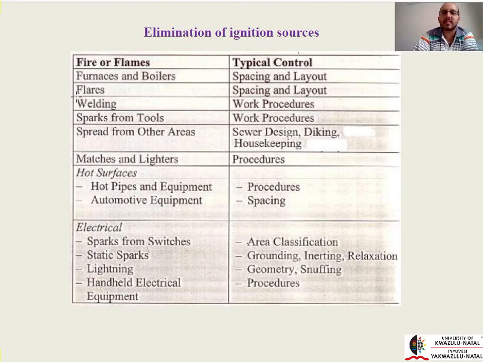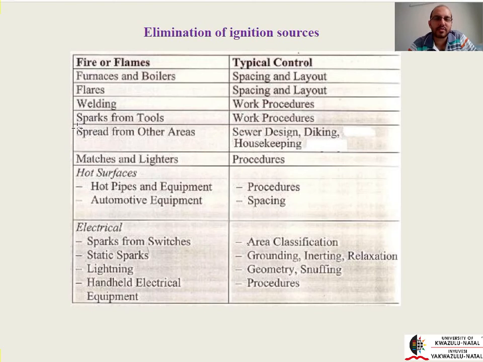They're typically located very high up. You have a very tall chimney, and then you have the flare that's right above ground level. Okay, so manual labor, things like welding and tool work, is typically controlled using safety procedures.